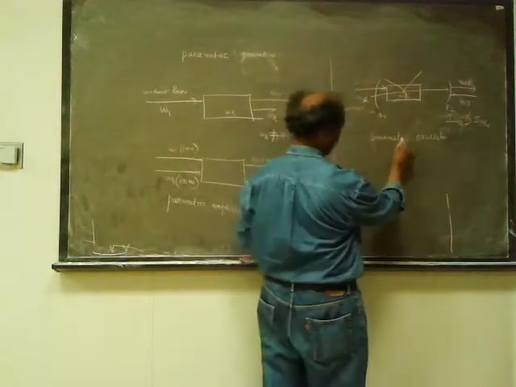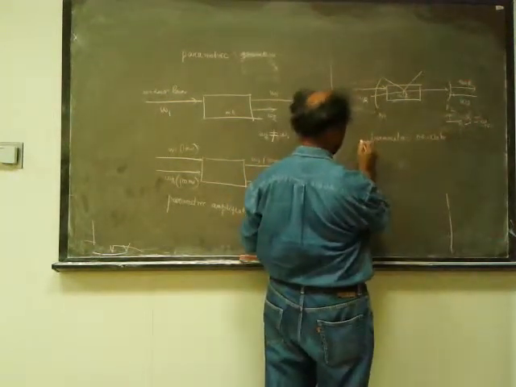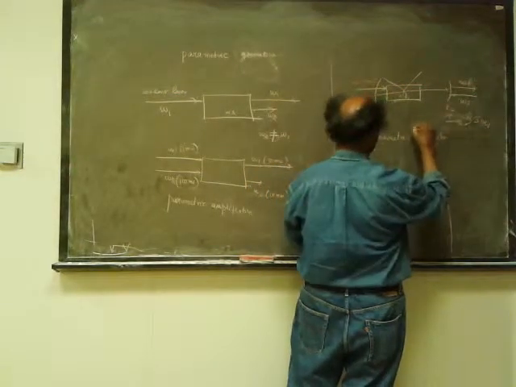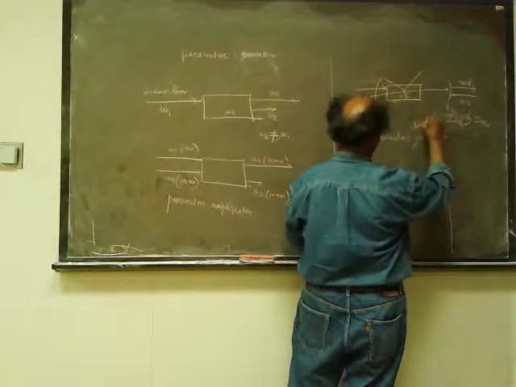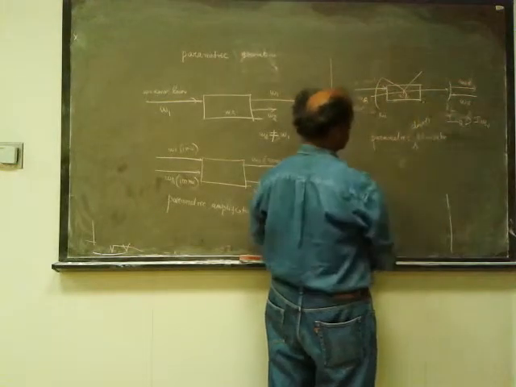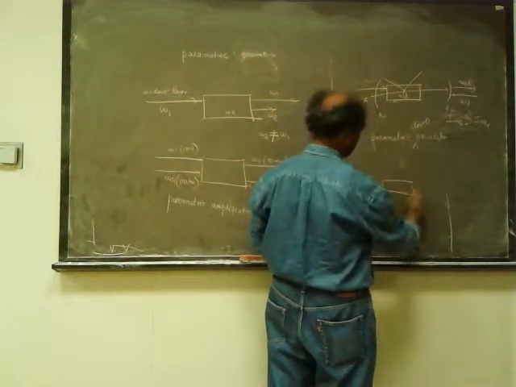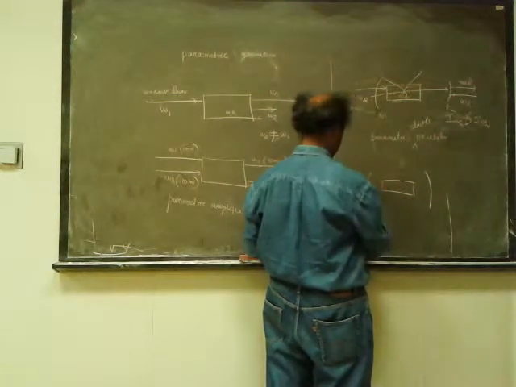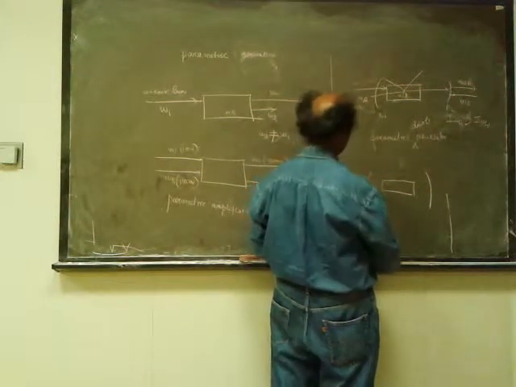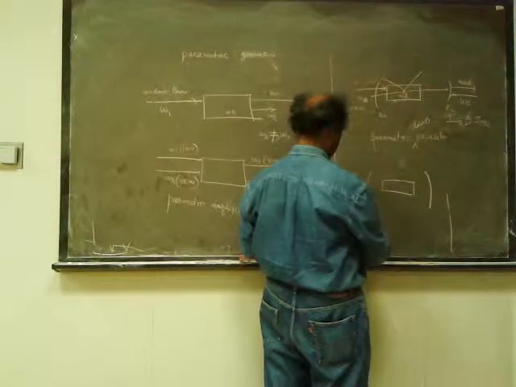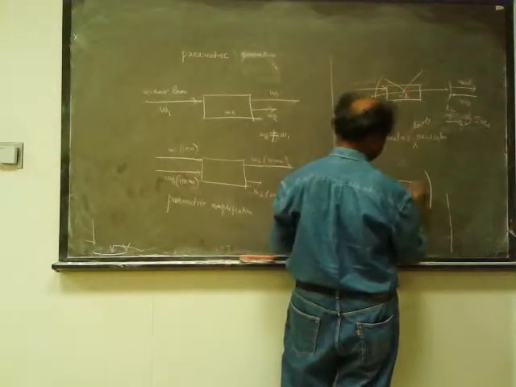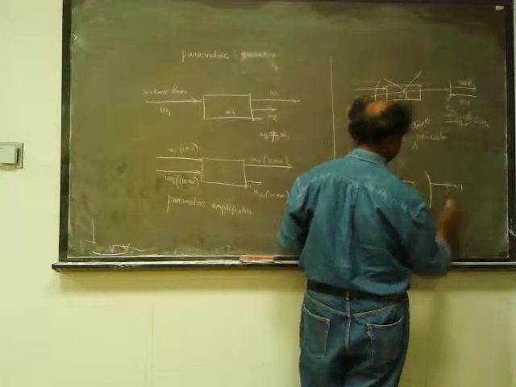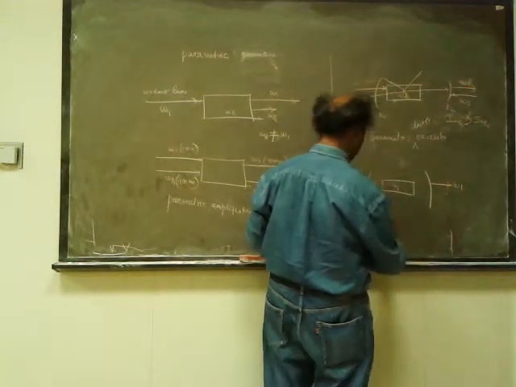Then I have a parametric double oscillator in this condition. On the other hand, with omega 2 only, this is called parametric single oscillator.